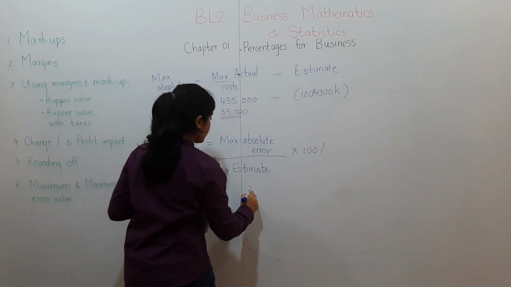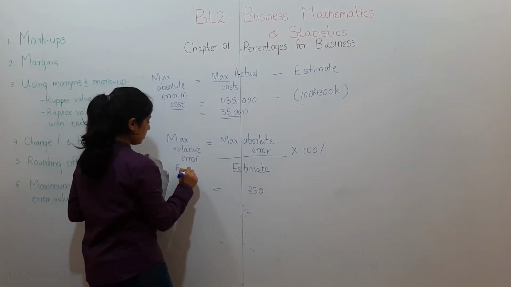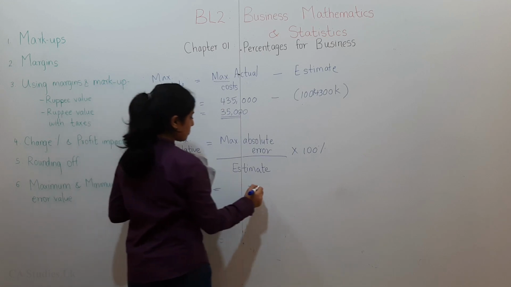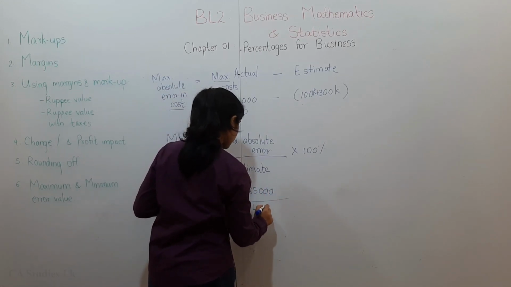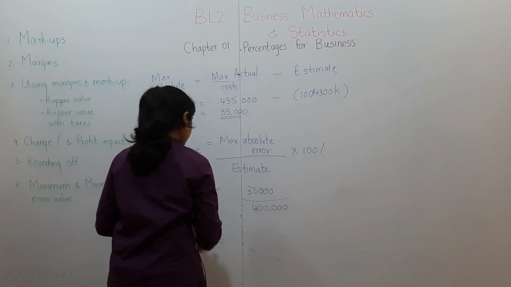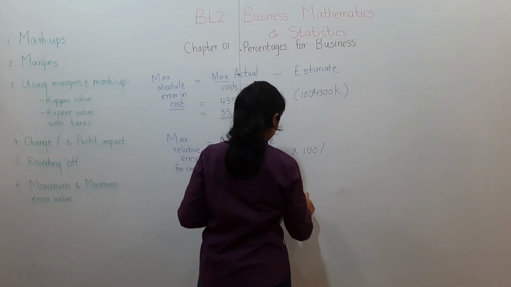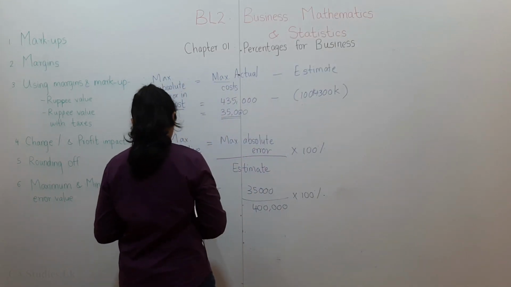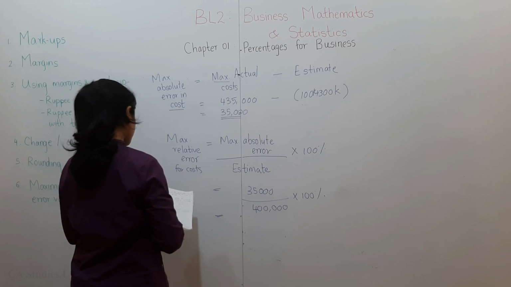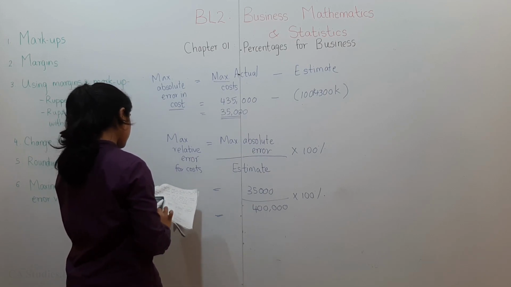Absolute error is 35,000. Now this is for relative error for cost, okay? You never combine like that. So 35,000 divided by estimate of 400,000 into 100%.